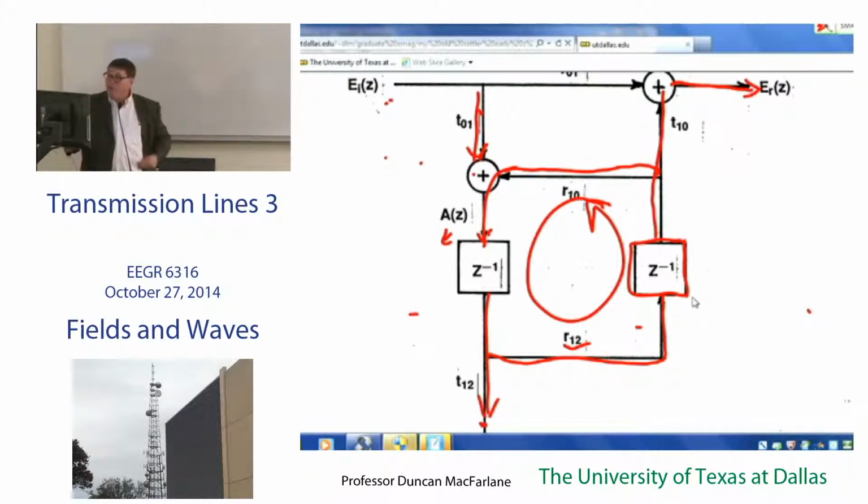Okay? Notice that what I've done is, instead of writing the z to the i delta, which is perfectly reasonable, I've written this in terms of z to the minus 1, so I've made use of the z transform.